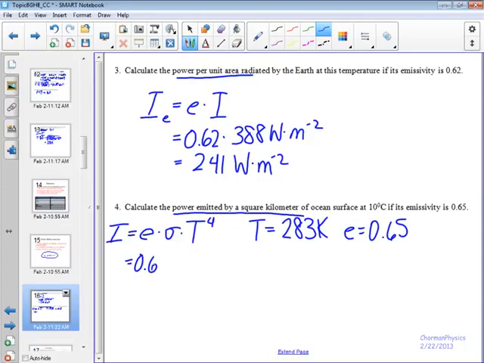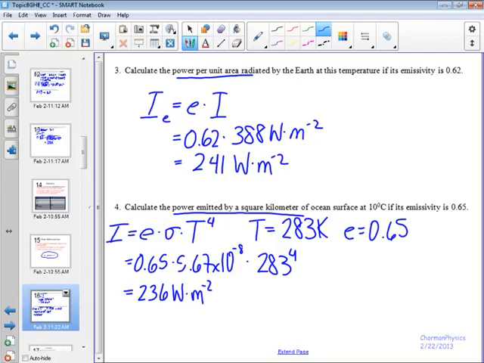So when we do this, it'll be 0.65 times our Stefan-Boltzmann constant, 5.67 times 10 to the negative 8 watts per meter squared per Kelvin to the fourth, multiplied by 283 Kelvin to the fourth power. When you do all of this, you get 236 watts per meter squared, but the question did ask for per kilometer squared, so we just need to multiply by 1,000 meters divided by 1 kilometer, and we have to do that twice for both meter units, so it's squaring that conversion factor.